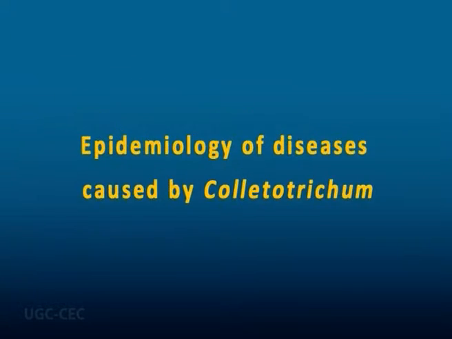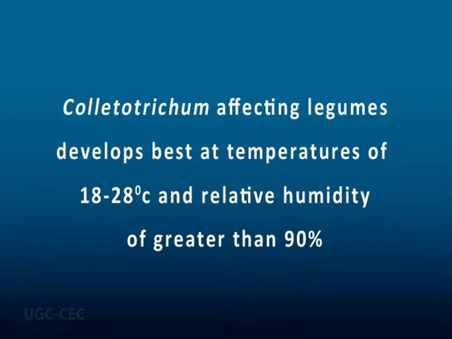Now, epidemiology of diseases caused by Colletotrichum. Environmental factors play a major role in the development of Colletotrichum diseases. Colletotrichum affecting legumes develops best at a temperature of 18 to 28 degrees and a relative humidity of greater than 90%.